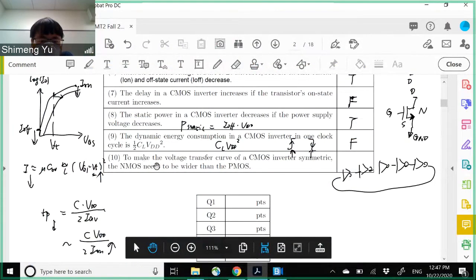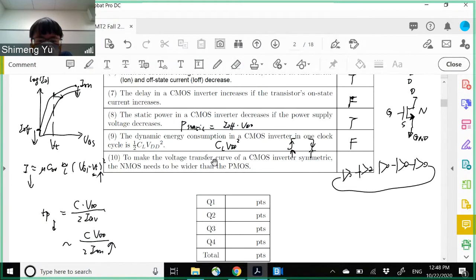Now last one, to make the voltage transfer curve of a CMOS inverter symmetric, the NMOS needs to be wider than the PMOS. So this is the match condition for the CMOS inverter. Voltage transfer curve symmetric means match condition.